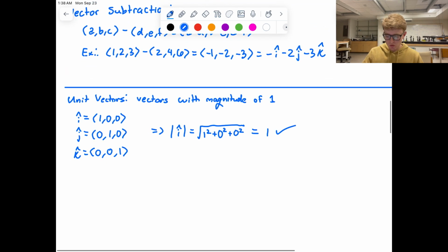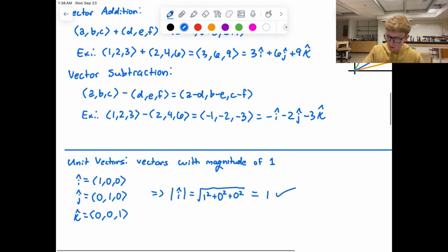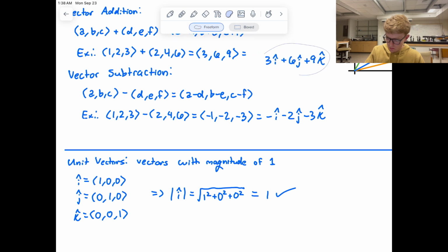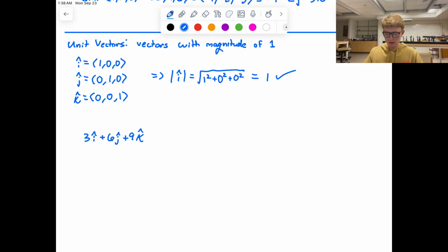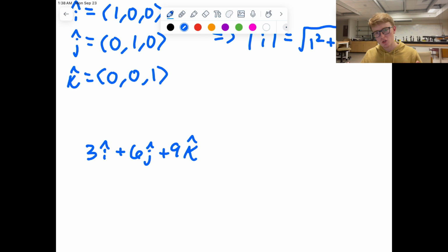And just so we can see how this works a little bit better, let's take this result that we got before and see if this checks out. So let's grab this and move that down here for a minute. And let's plug in each of these definitions for I, J, and K hat.